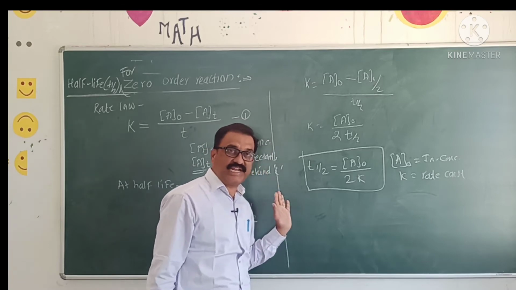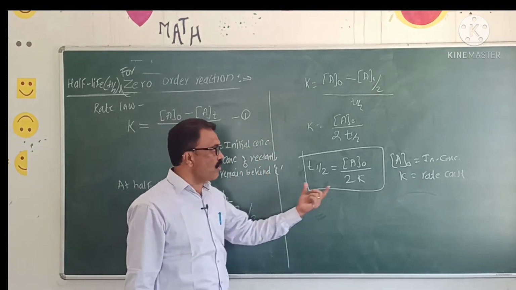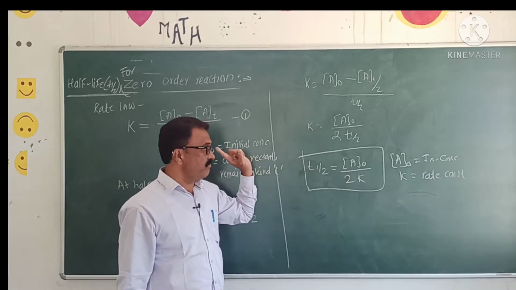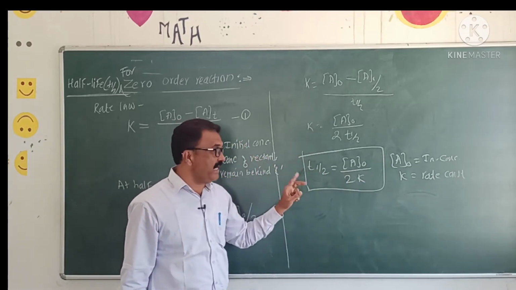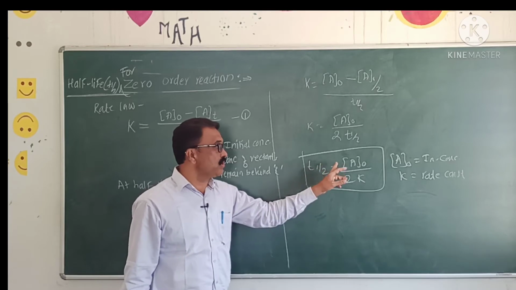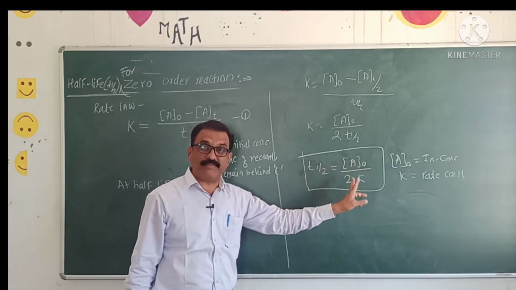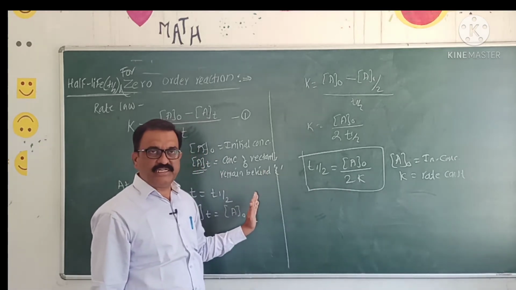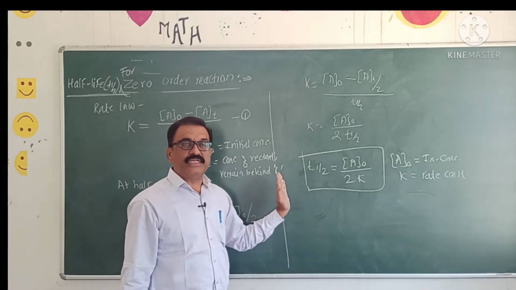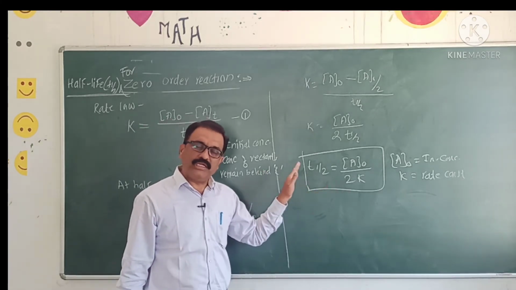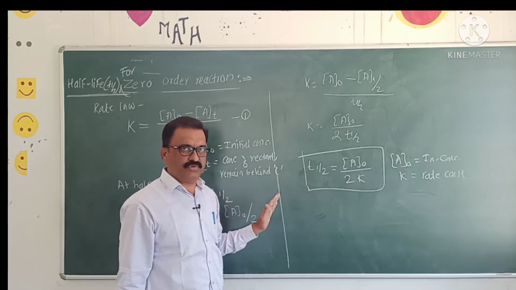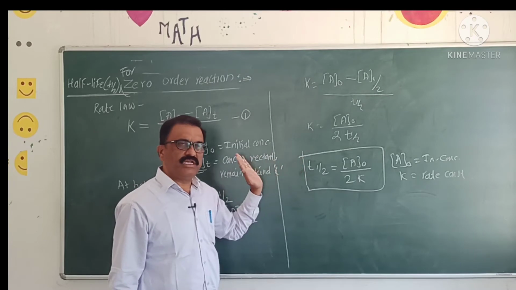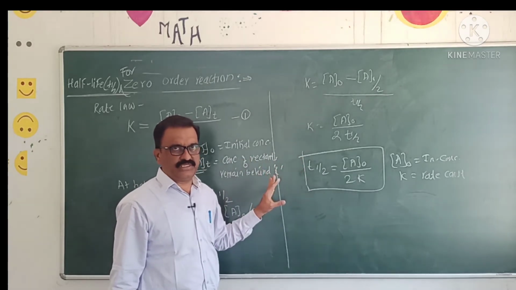But for first order reaction, no concentration term appears in this equation. For first order reaction, T1/2 is equal to 0.693 divided by rate constant K. That is, for first order reaction, half life is independent of the concentration term. Okay, this equation gives half life for zero order reaction.